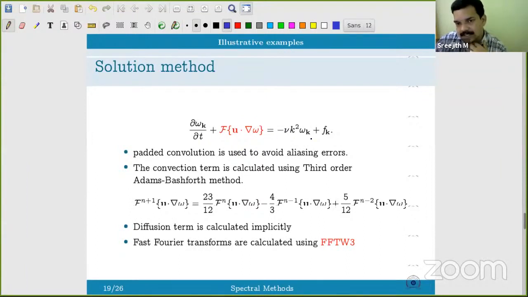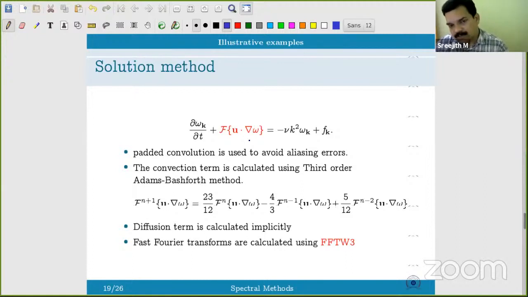So dou omega k by dou t plus F of u dot del omega minus k, and the second order derivative is converted to nu k square omega k, plus f k. Now, because of wave number interactions, there are aliasing errors in the solution. When you have a nonlinear term, aliasing errors come into play. To avoid that, you can use a method like two-third padding.